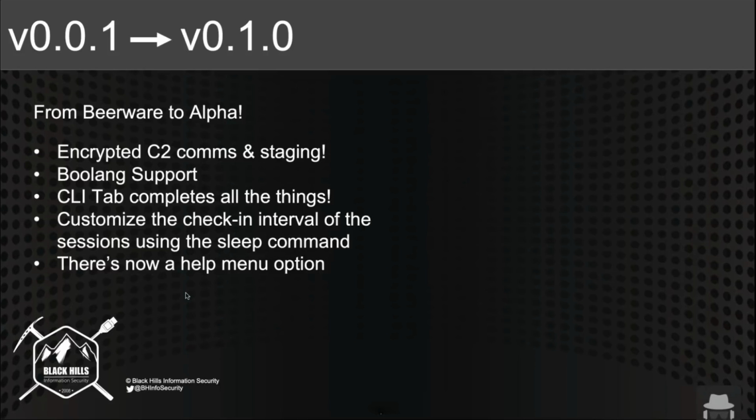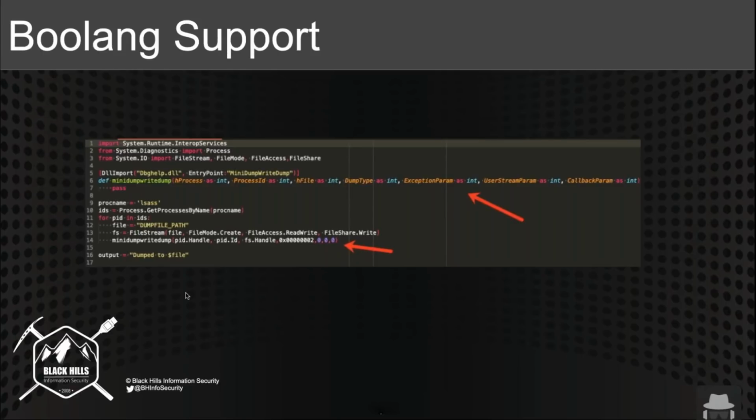So, Boolang support. The reason why Boolang is interesting: embedding IronPython within C# has one key deficit, which is that you can't access native methods directly.